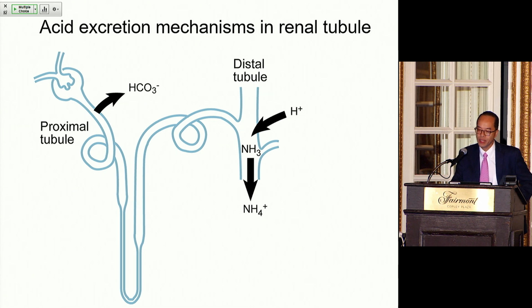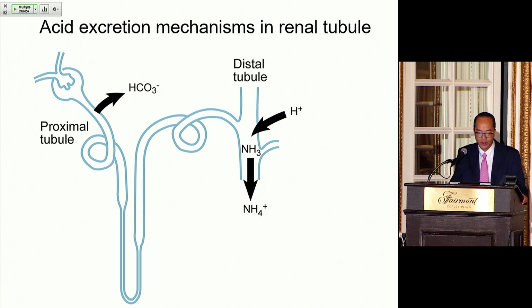Generally, about a milliequivalent per kilo per day of acid needs to be excreted. But before you can excrete it, as soon as you get past the glomerular filter, you've filtered massive amounts of bicarb, right? So your blood has a bicarb concentration of 20 or something like that, and the filtrate's going to have a concentration of bicarb of 20.